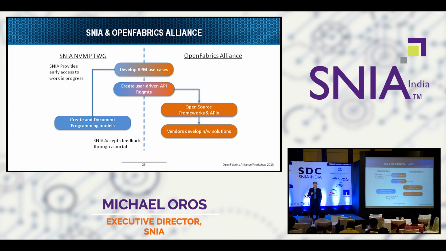That's not the business that we're in. But OpenFabrics Alliance does. That is one of their fortes. So we are having this collaboration where they will do that work. They will do it in an open source way with the respective frameworks and APIs and bring that forward to the industry in terms of the vendors that are developing the hardware and software solutions of tomorrow.